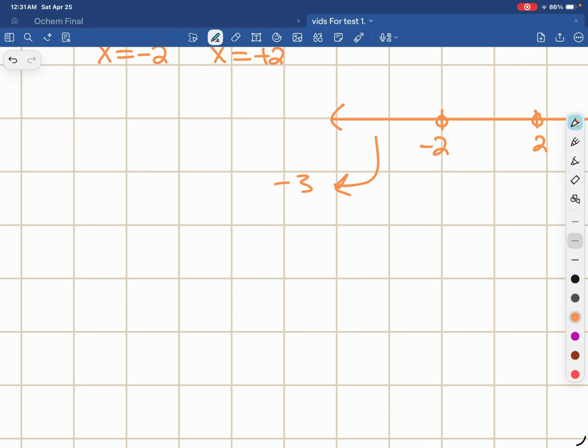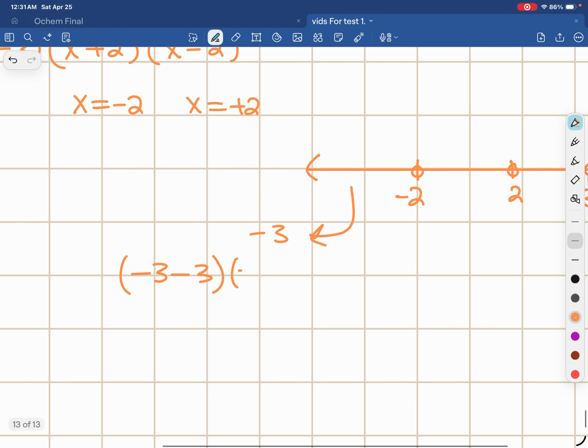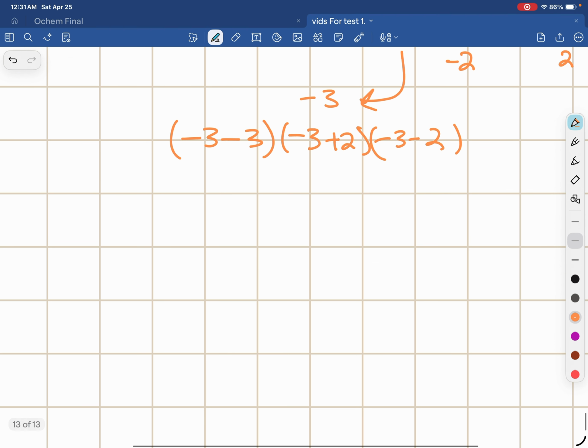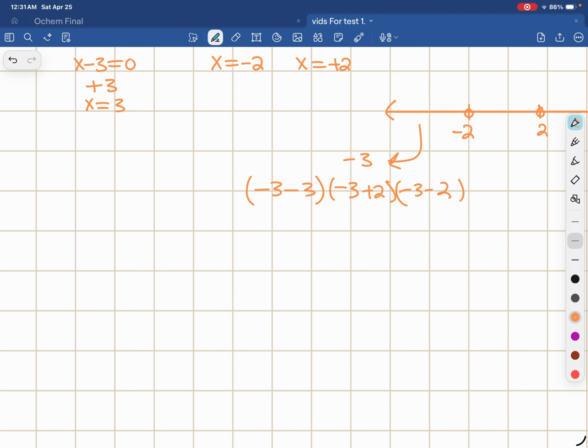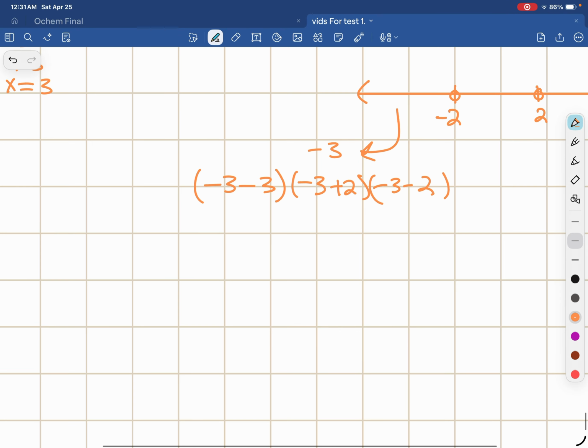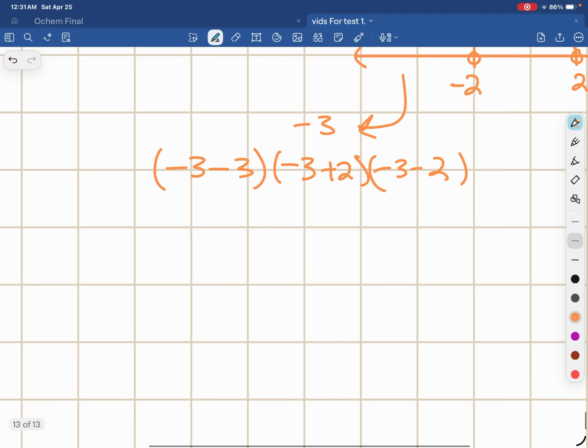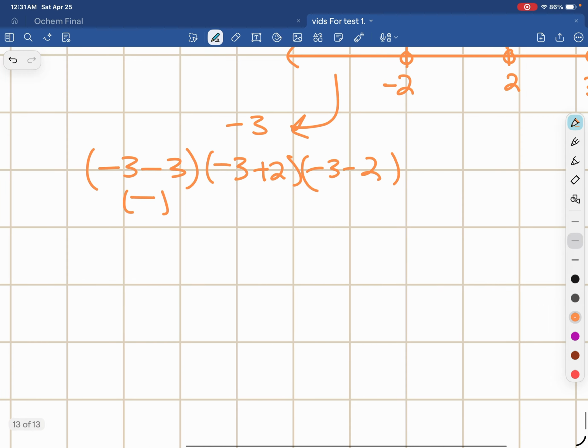So we'll take negative 3 minus 3 times negative 3 plus 2, times negative 3 minus 2. And for these types of problems, you don't have to actually solve them. You just need to make sure you know what the end sign is going to be. So here, that's a negative minus a negative, which would be negative.